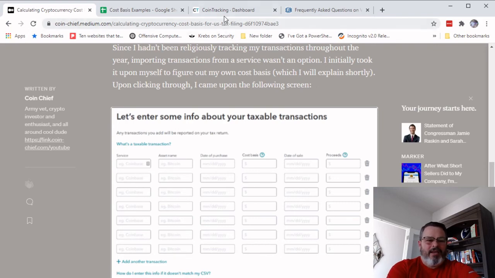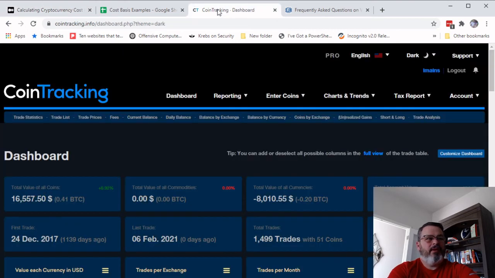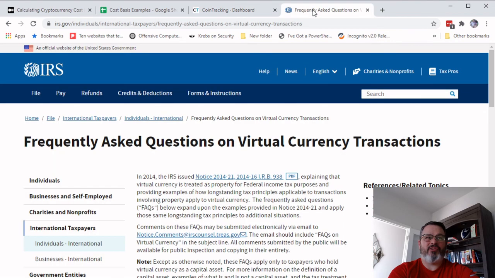So, having said all that, the solution I ended up going with was CoinTracking. There's others out there. I'm not going to go in depth on CoinTracking, but to me, so far, it appears really good. There's lots of ways to import your transactions, and so far, I really like it. I do have some data cleanup to do. I'm not done yet, but I'm trying to get my taxes done sooner than later because I hate letting the government hold on to my money.